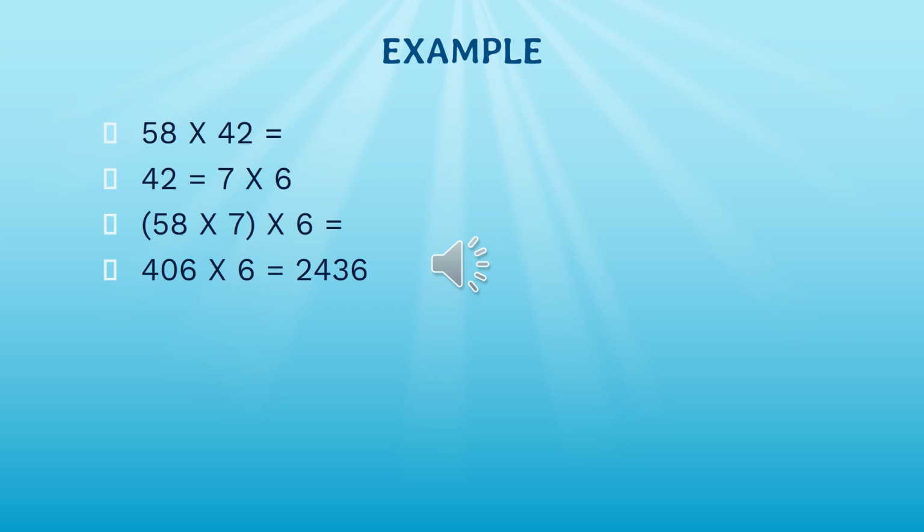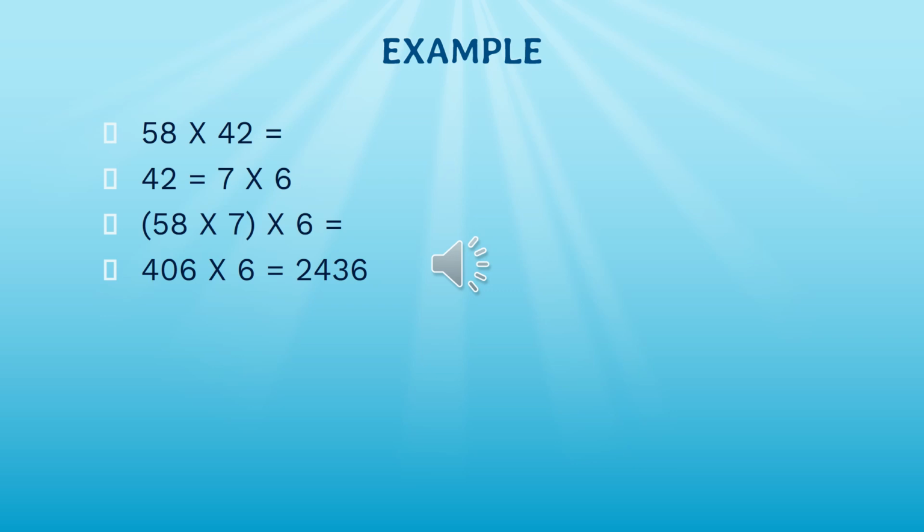Now for you to grasp the technique, I have here another example. It's 58 times 42. Now in this case, I would opt to factor 42, and the factors of 42 are 7 and 6, and I would transform the multiplication sentence into 58 times 7 times 6.